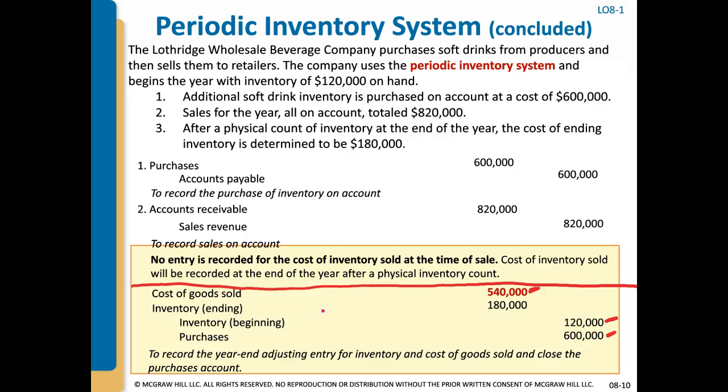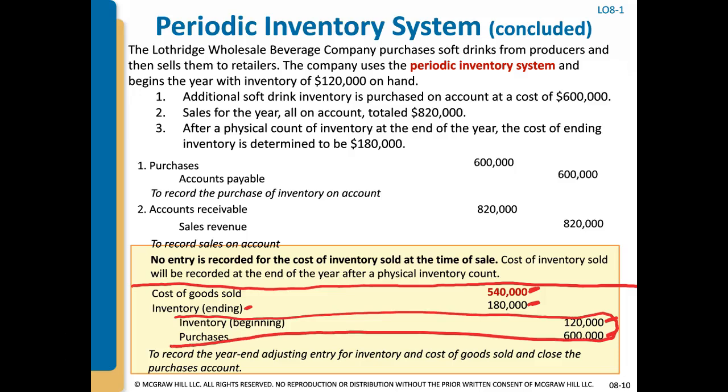So we're going to credit inventory and credit purchases, and we're going to increase our inventory by the $180,000. By crediting the beginning inventory and purchases, we're taking off whatever is on our books for inventory, and then we're just going to put on the ending inventory of $180,000. So at the end of the day, our ending inventory will be the correct balance.